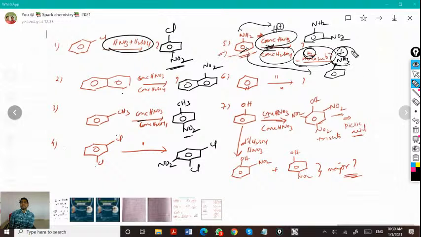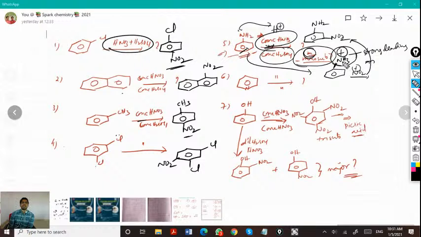When it is NH2, it is a strongly activating group which directs to the ortho and para positions. But when it is NH3 plus, it is a strongly deactivating group which directs to the meta. So now the NO2 electrophile will enter only at the meta position.